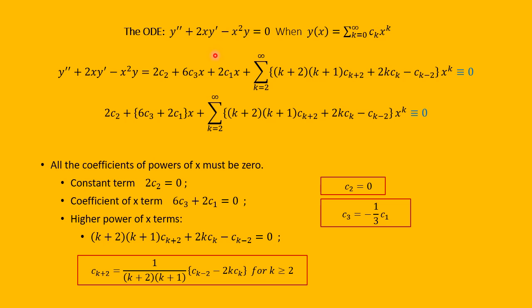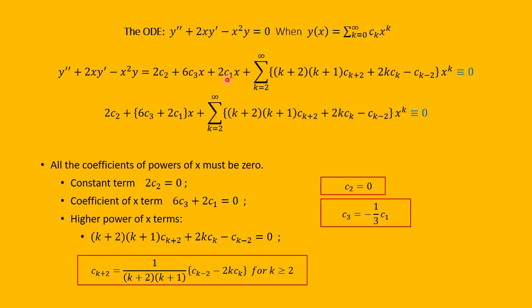So continuing with this, if y of x is the sum k equals 0 to infinity c sub k times x to the k power, then what we need to solve is that this stuff equals 0. We saw this on the previous slide.